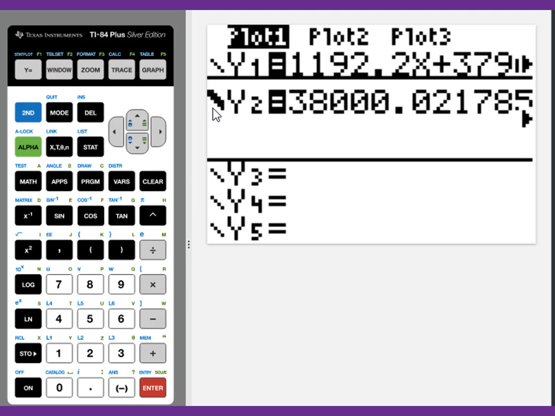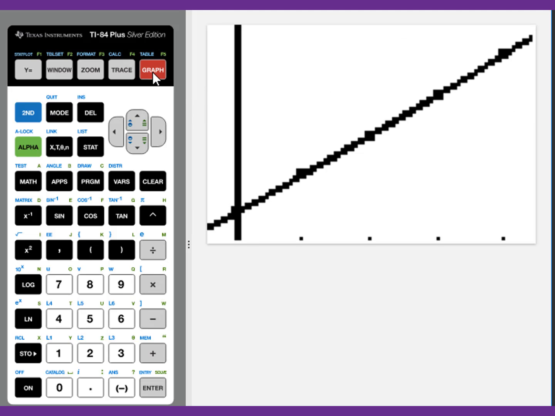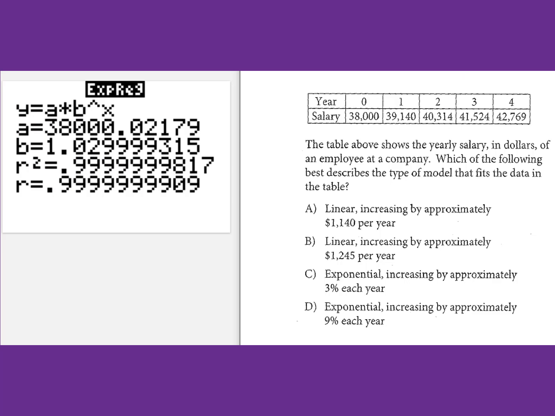Enter. Then I graph. That's almost the same, but compared to R, we know exponential will be the best fit. Therefore, the answer will be C. Exponential regression and increasing by 3% each year, because we got over here B equals 1.03. That means an increase of 3% each year.